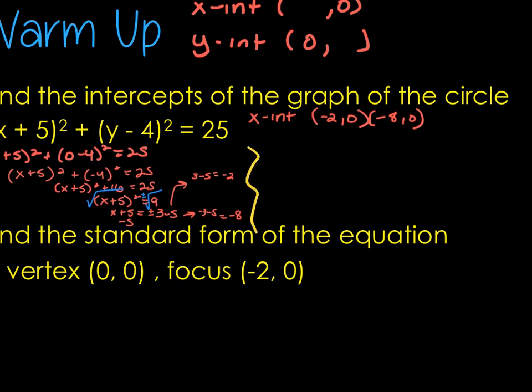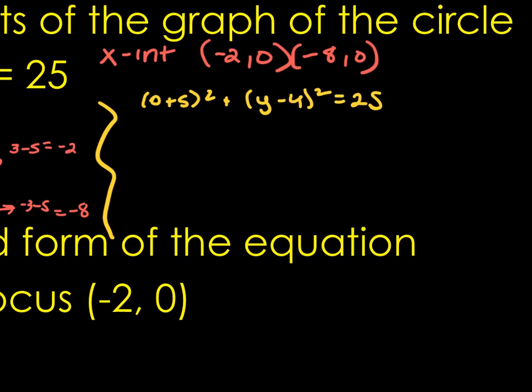Then comes the y-intercepts for when x is 0. So 0 plus 5 squared plus y minus 4 squared equals 25. 5 squared is 25, so this is 25 plus y minus 4 squared equals 25. Subtract the 25.